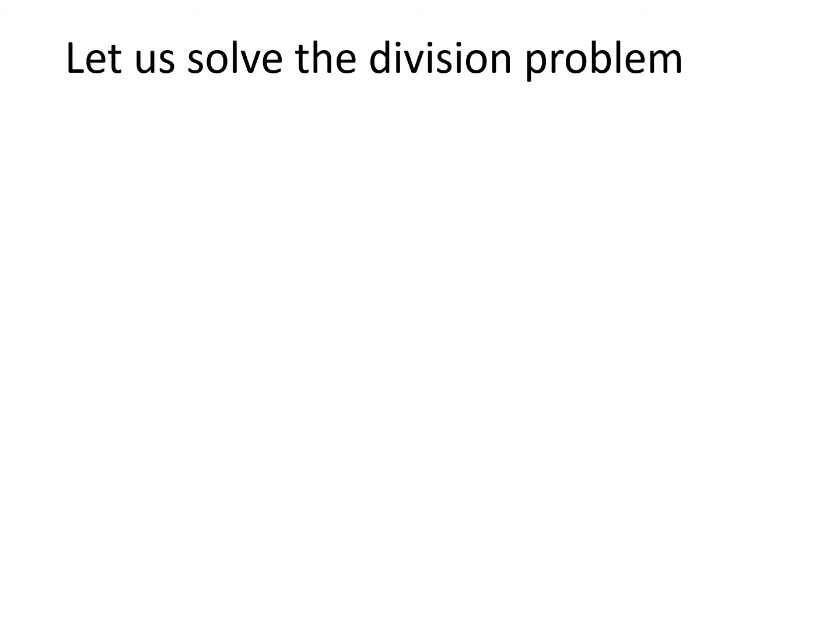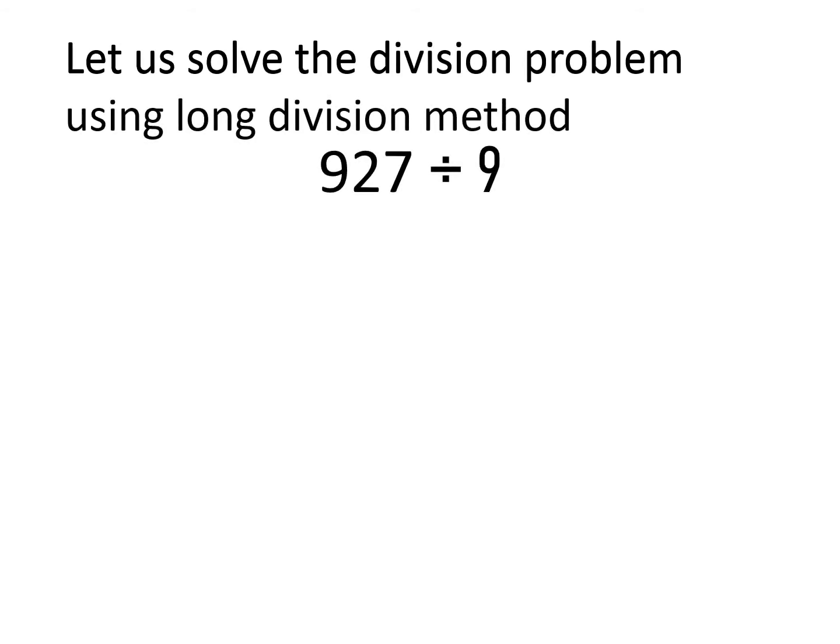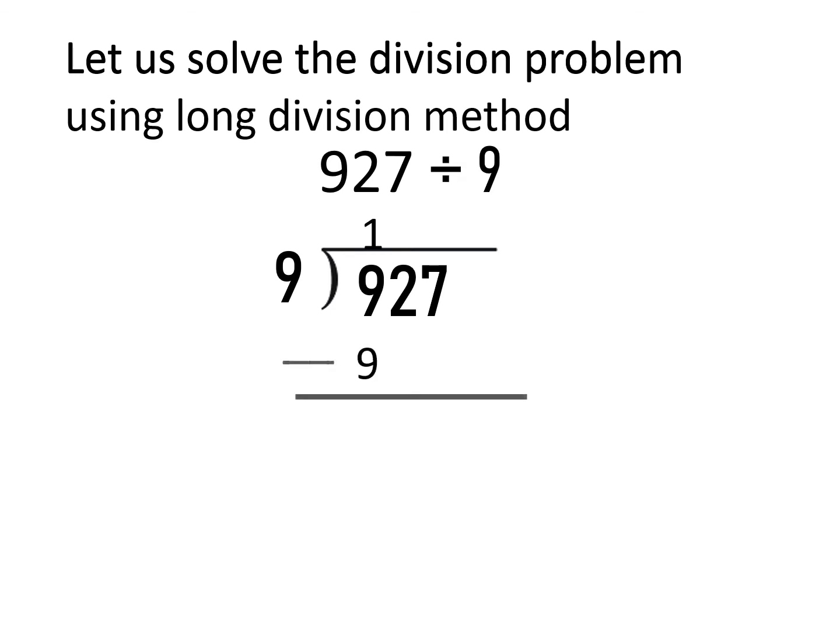Let us solve the division problem using long division method. The number given here is 927 divided by 9. 9 taken 1 time is 9. So 9 take away 9 gives you 0. Bring down 2. Now we cannot divide 2 among 9.